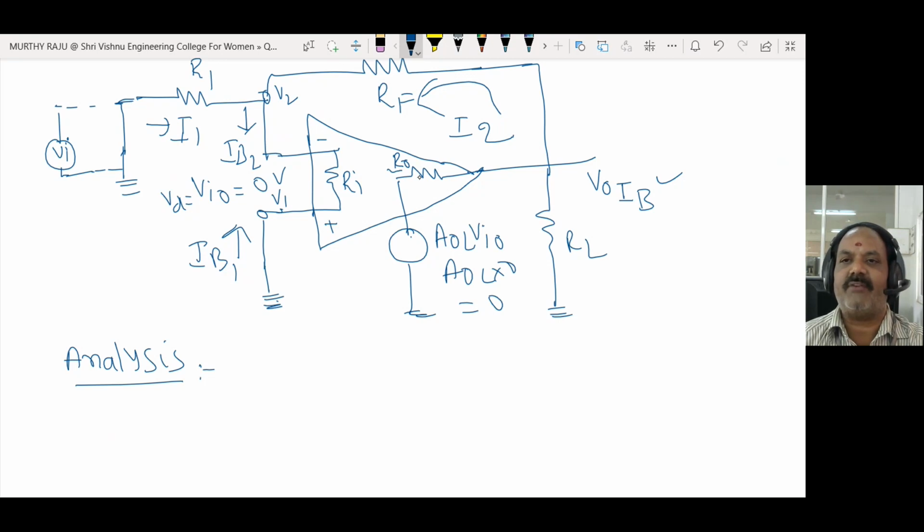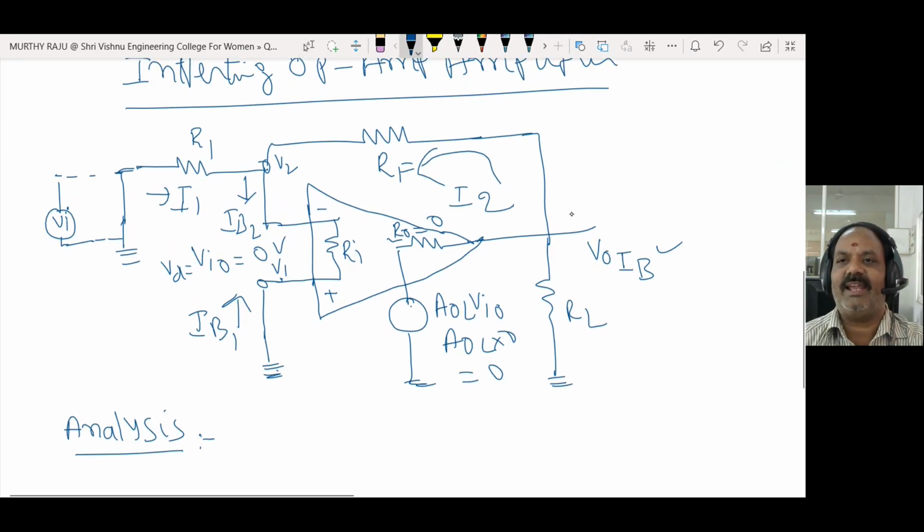The output resistance of an op-amp is ideally 0. Therefore, due to these characteristics, the right side end of RF is connected to ground: VIO is 0, AOL into 0 is 0, so this is short circuited, and RO is also 0.